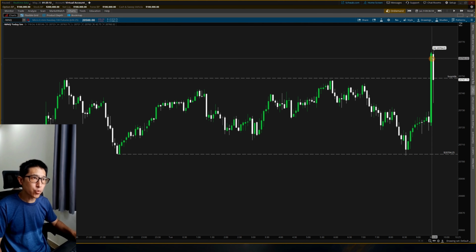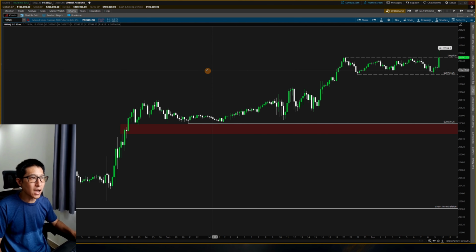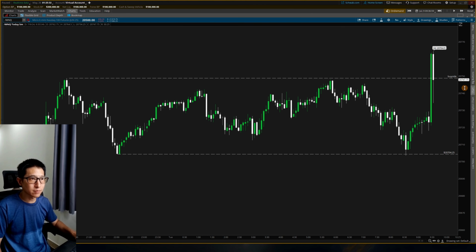But if we start retracing and going down below this big green candle, then I think it's going to go down below this low. And then zooming out to the 15-minute, I think it could even come down into this 15-minute fair value gap. So that's what I'm going to be looking at if we retrace all of this up movement.